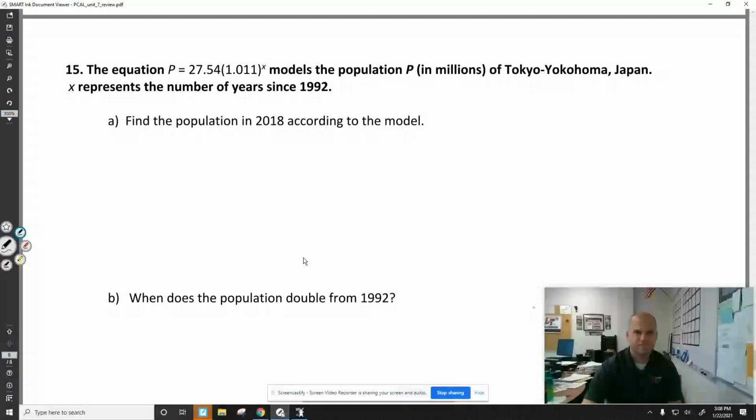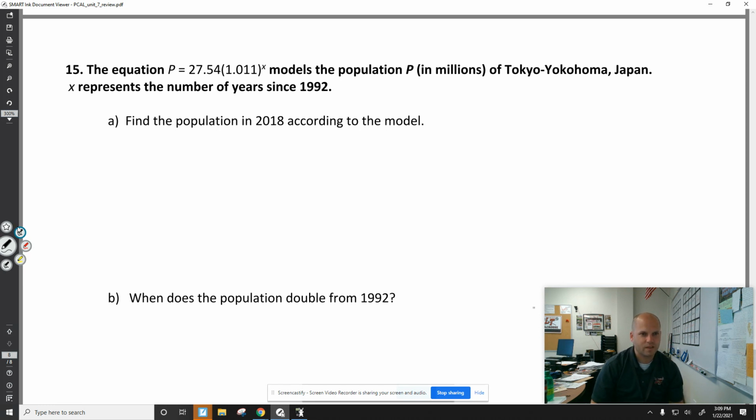Last page. Population of Tokyo. 2018. So 02 is 10. 12 is 20 years. 30, 40, 50, 60. It's plus 6. I'm not thinking, I'm done. 26.